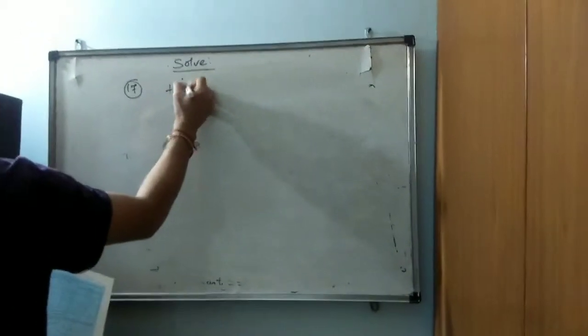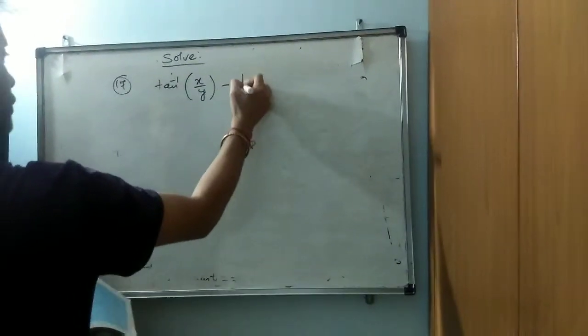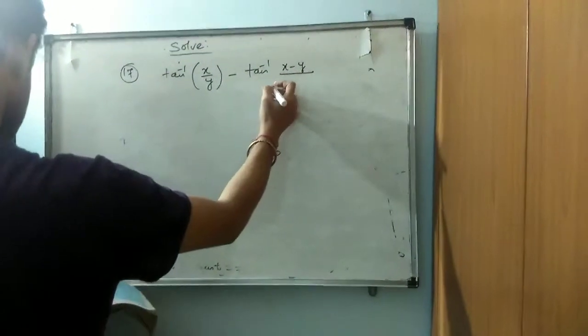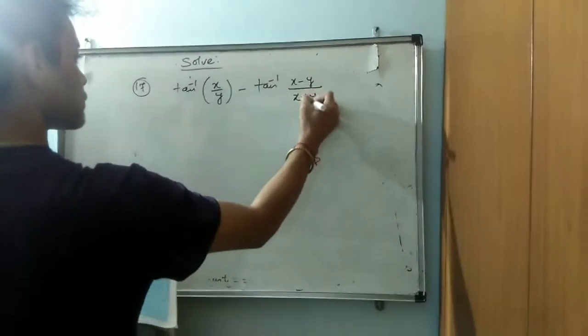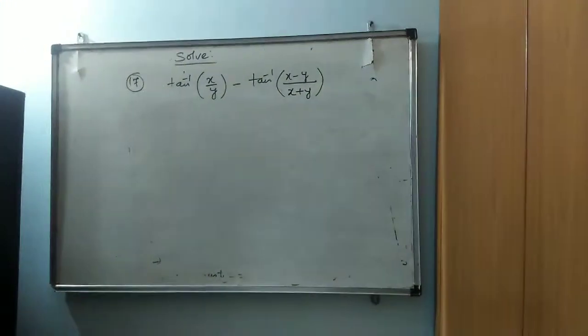Tan inverse x upon y minus tan inverse (x minus y upon x plus y). We have to simplify it.